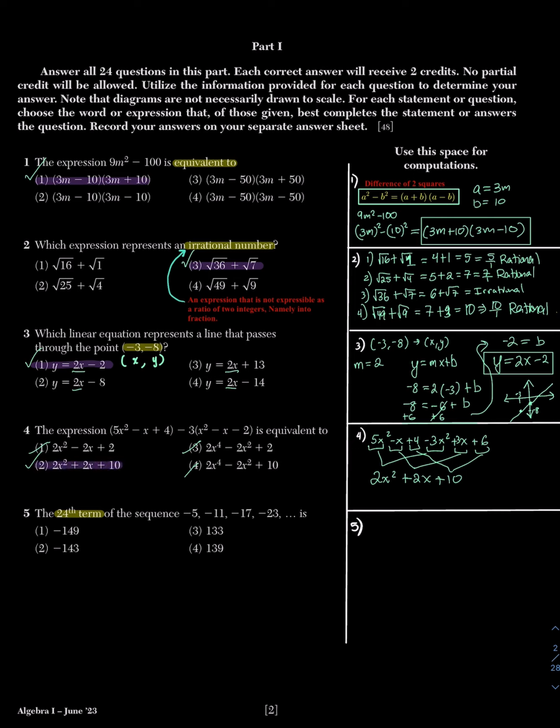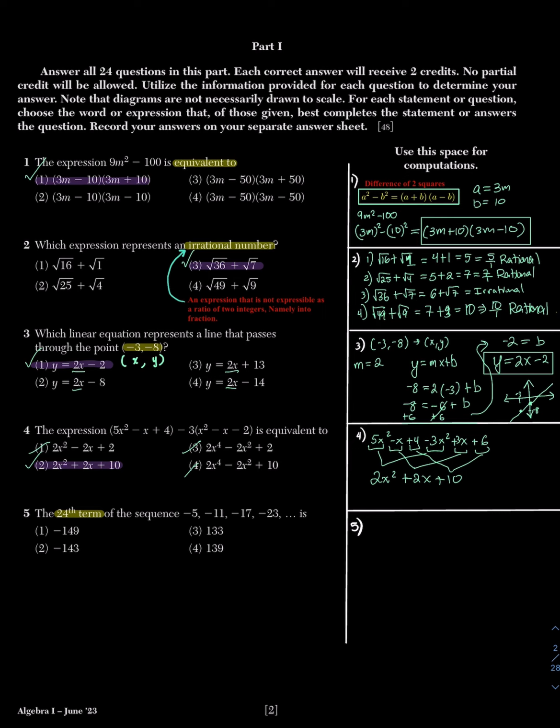Okay, for problem number 5, we need to find the 24th term of the sequence. The sequence is presented to us here: -5, -11, -17, -23, and so on and so forth. Of course, these ellipses indicate that it goes on forever and ever. Now, there are multiple ways of solving this problem.